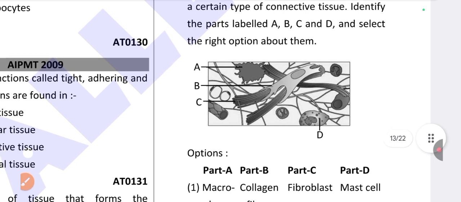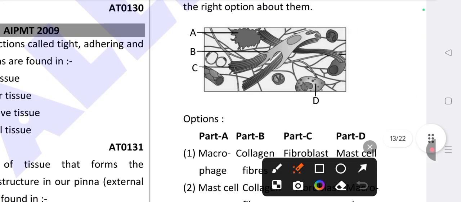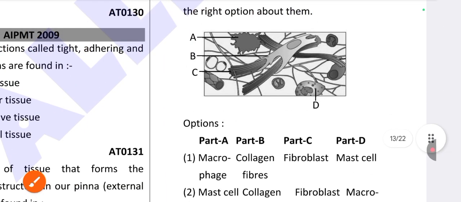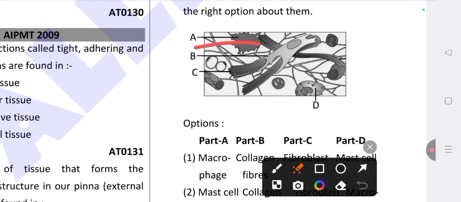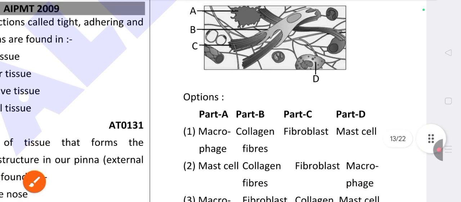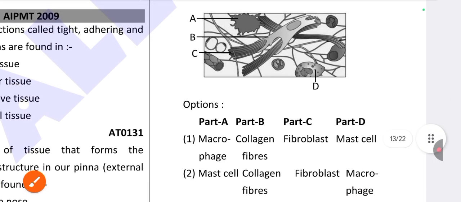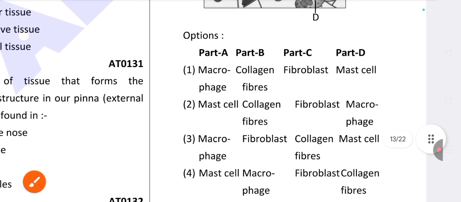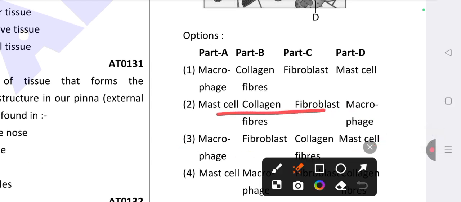Option B is fibroblast. And the bundle-like structure, that is C, is the collagen fiber. So option number 3 is the correct answer.